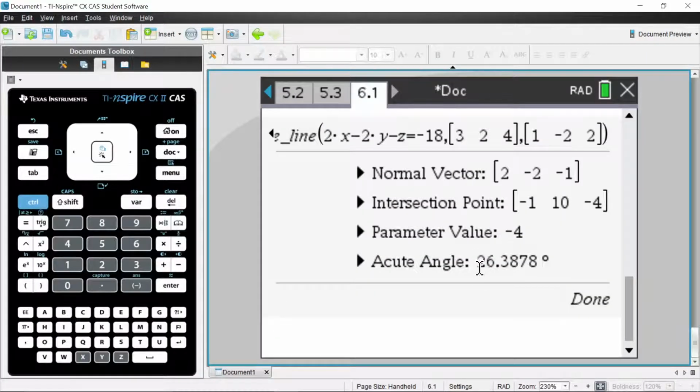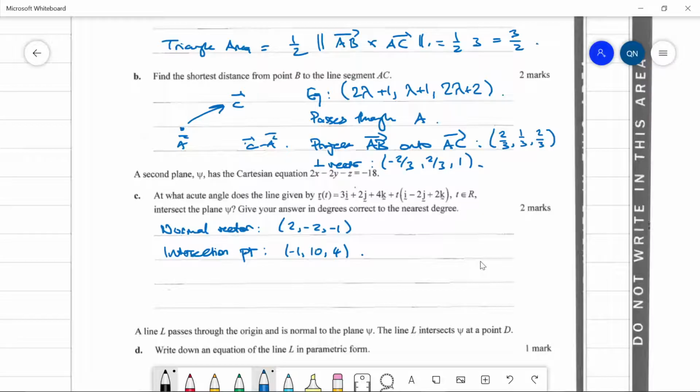You don't need the parameter value, I think, but once you've got the normal vector, you just use the dot product formula with this direction vector here, and then you get the angle. So the angle is the cos inverse of those two vectors, which I'm not going to write down the working out because I'm too lazy, but you should though. It's 26.3839 degrees, which I'm just going to round to the nearest degree as 26 degrees. This is the acute angle.